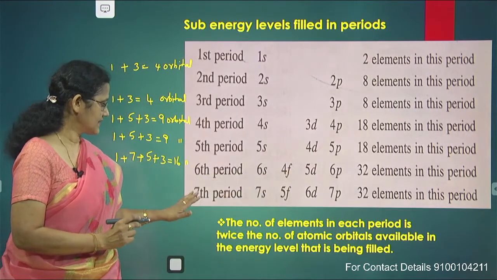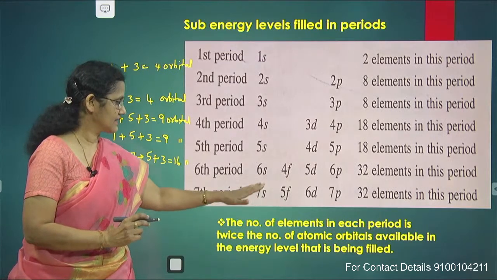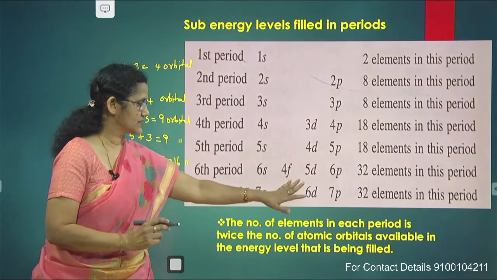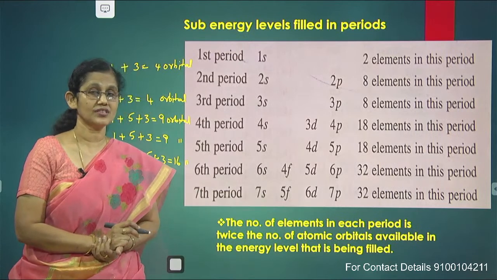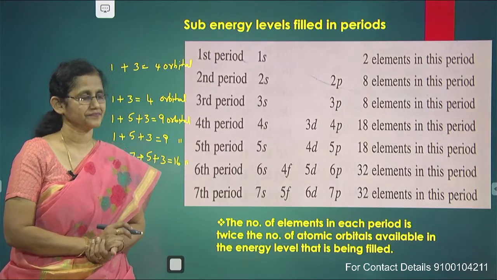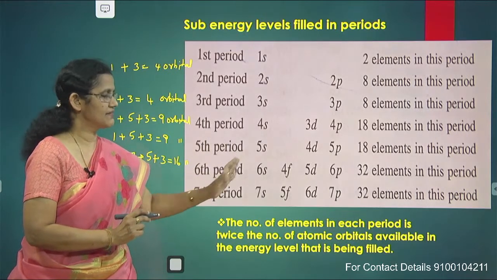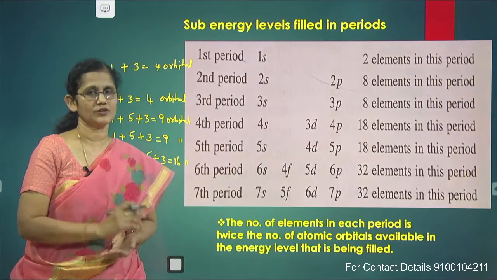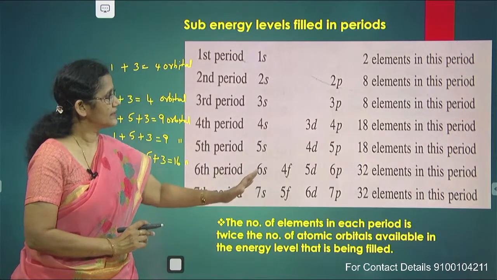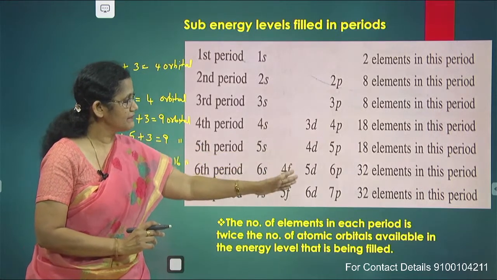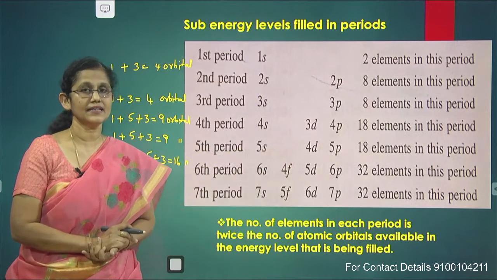Similarly, in the 7th period, 7s, 5f, 6d, 7p, 32 elements are theoretically possible. So, this is about how the sub-energy levels are filled in different orbitals, and how many elements are possible in each period.